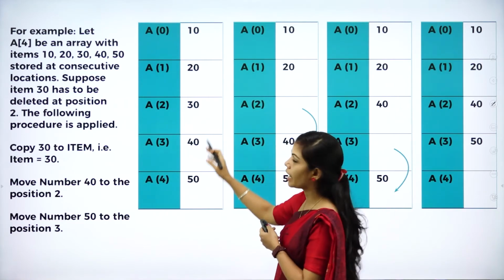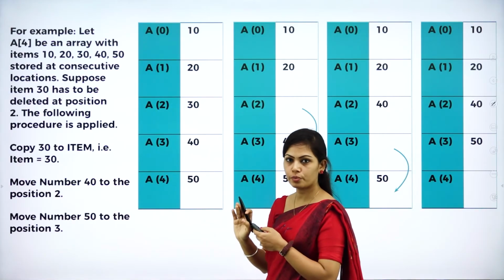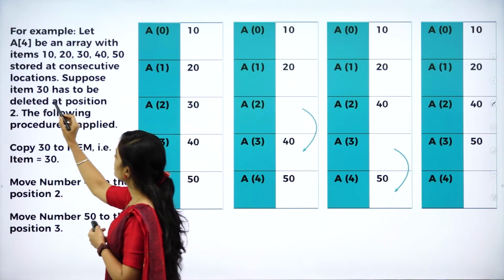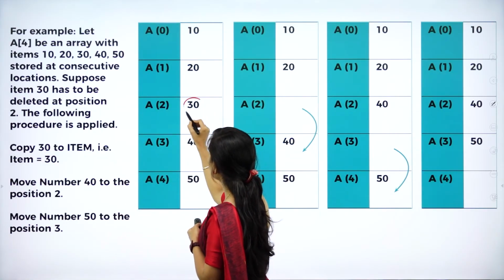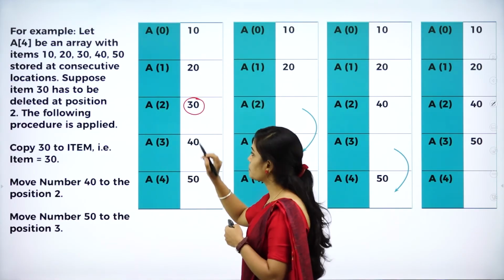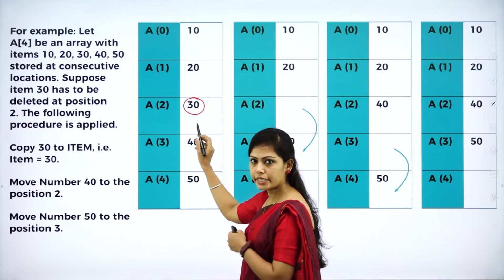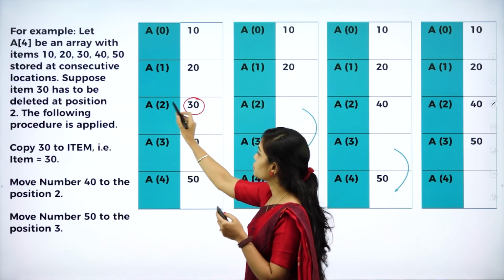This is the given array: A of 0, A of 1, A of 2, A of 3 and A of 4. Suppose an item 30 has to be deleted at position A of 2. How to delete the item 30 from the position A of 2?